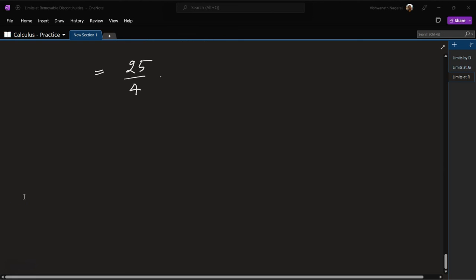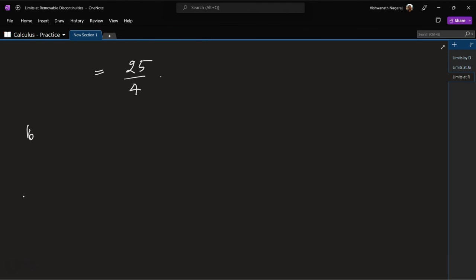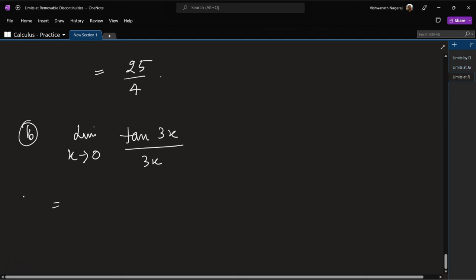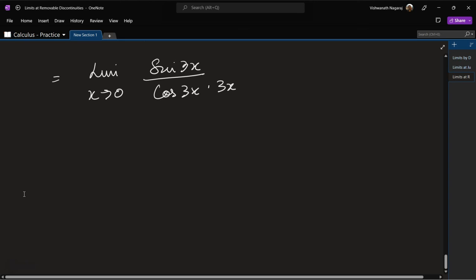Okay, now let's look at the 16th one. Limit as x approaches 0 of tan 3x by 3x. Now immediately you can see the pattern: limit as x approaches 0 of sin 3x by cos 3x times 3x, right?